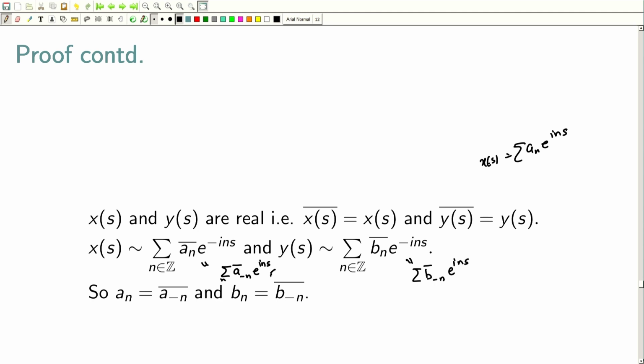Now, if these are compared, then we get a n equal to a of minus n bar and b n equal to b of minus n bar.